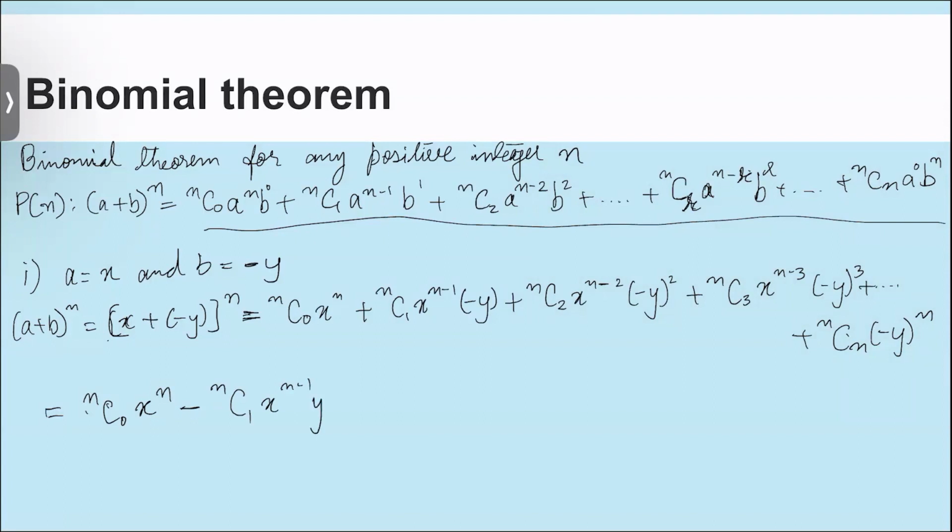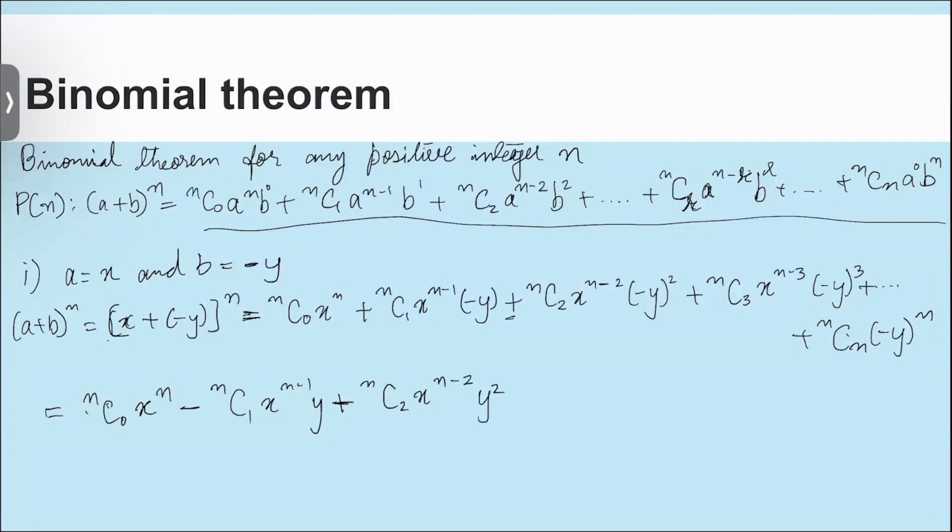Now minus y squared gives you y squared, since that becomes plus, so this sign remains the same: plus nC2 x raised to n minus 2 y squared.